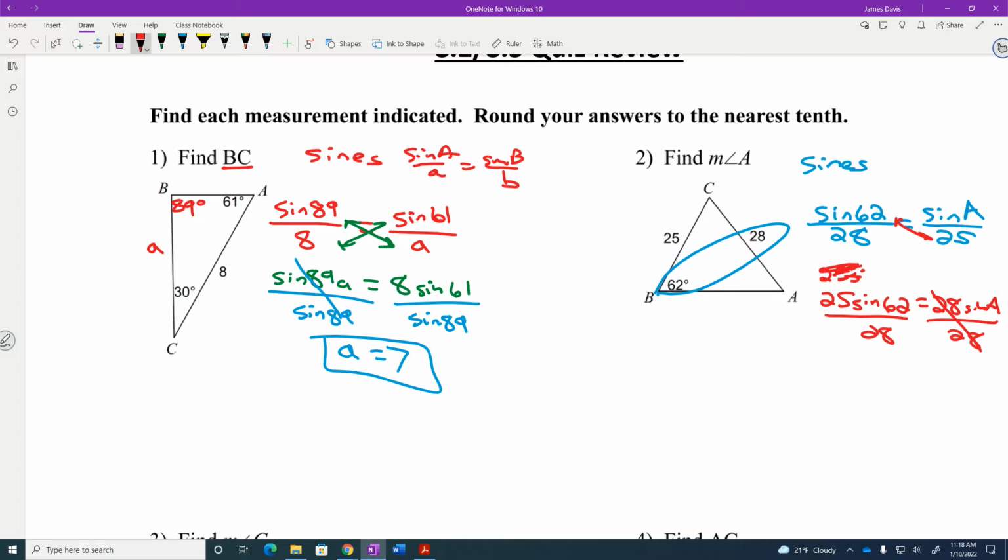You can either go ahead and solve for that, and then do inverse sine of the A and S if you want to. Or you can just do the inverse sine of this whole fraction. And should get 52. Again, make sure you can type that in your calculator.